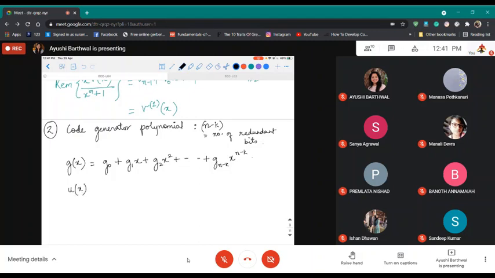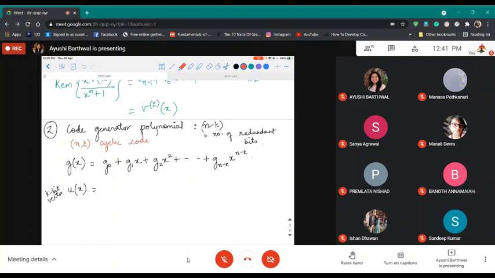We denote the data vector or message vector by u(x), and it is a k bit vector. Since linear block codes are denoted by n comma k, even cyclic codes are denoted in the same manner, as (n,k) cyclic codes.